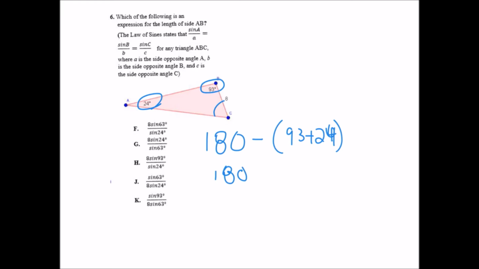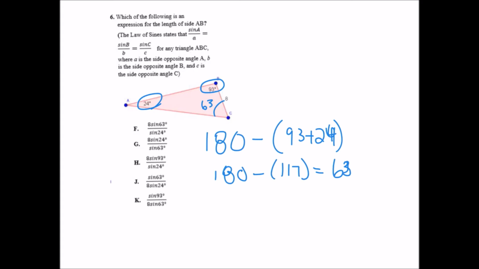So you know altogether they've got to equal 180 degrees. So you take the 180 degrees minus the two angles that you do have, which are 93 and 24. So 93 plus 24 is 117, and 180 minus 117 equals 63. So the measure of this angle is 63 degrees.